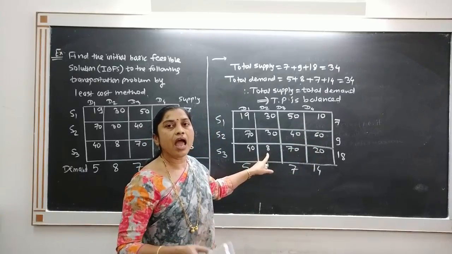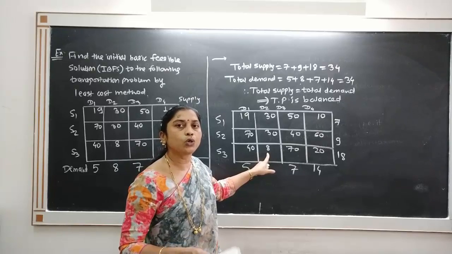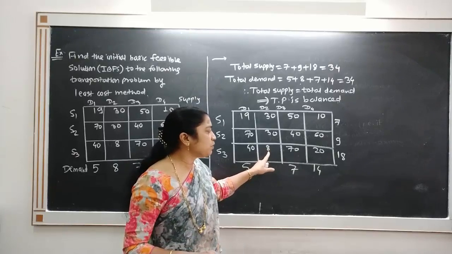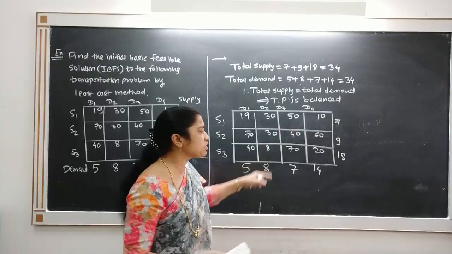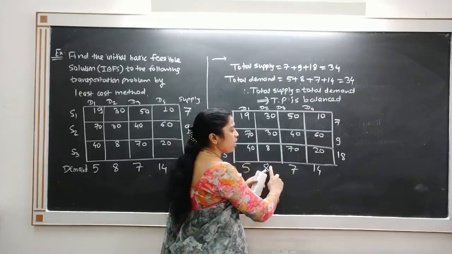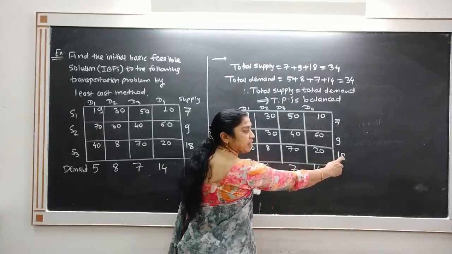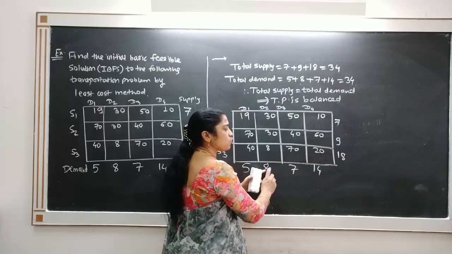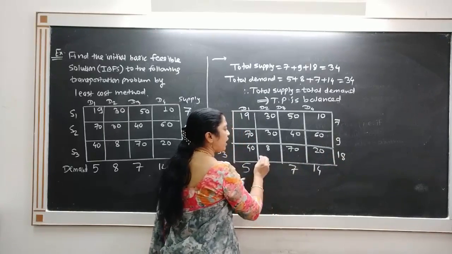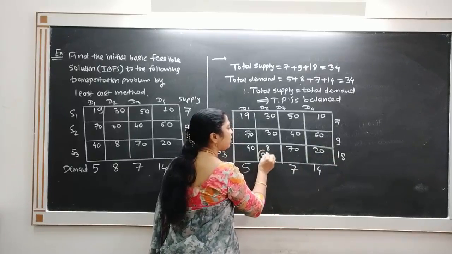So allocate as much as possible to this cell, which is the minimum of the corresponding supply and demand. Supply 18, demand 8, so the minimum of 18 and 8, we can allocate 8 here.